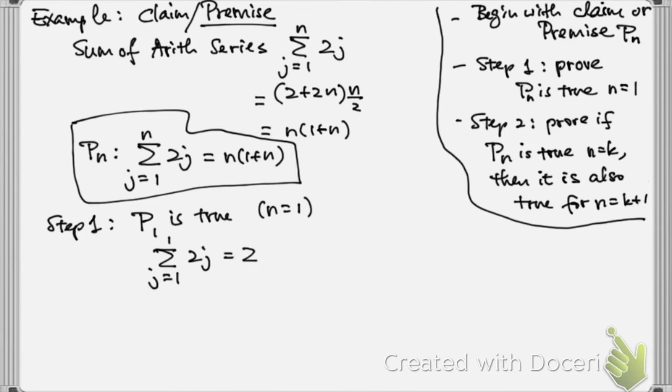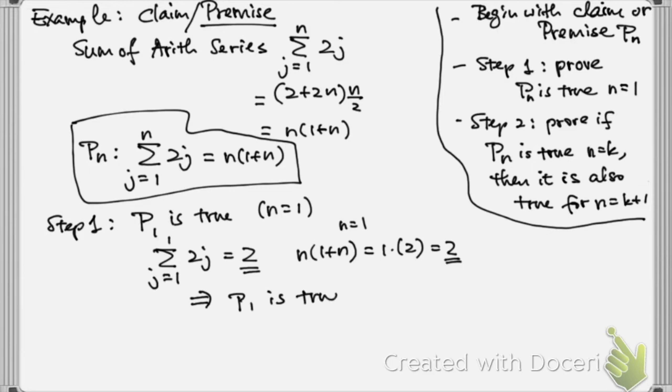On the right hand side, n times 1 plus n, when n is equal to 1, is 1 times 2, which is also 2. Obviously these two are equal, so we can conclude P sub 1 is true. So we've proven that.